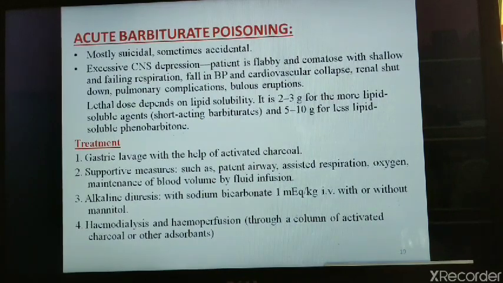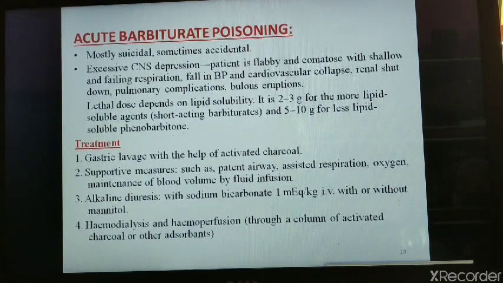Blood pressure decreases, cardiovascular collapse occurs, and renal shutdown is also seen in patients undergoing acute barbiturate poisoning. There are various pulmonary complications in the patients. The lethal dose depends upon lipid solubility. For more lipid soluble agents like short-acting barbiturates, it is 2 to 3 gram, whereas for less lipid soluble agents, it is 5 to 10 gram.